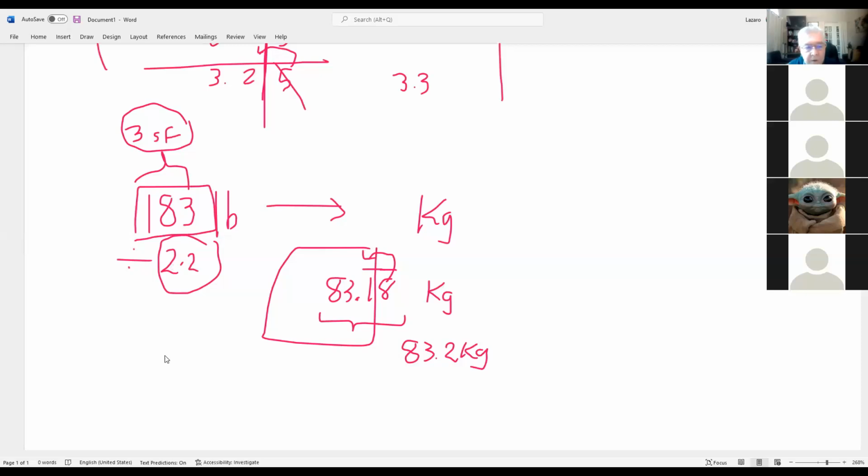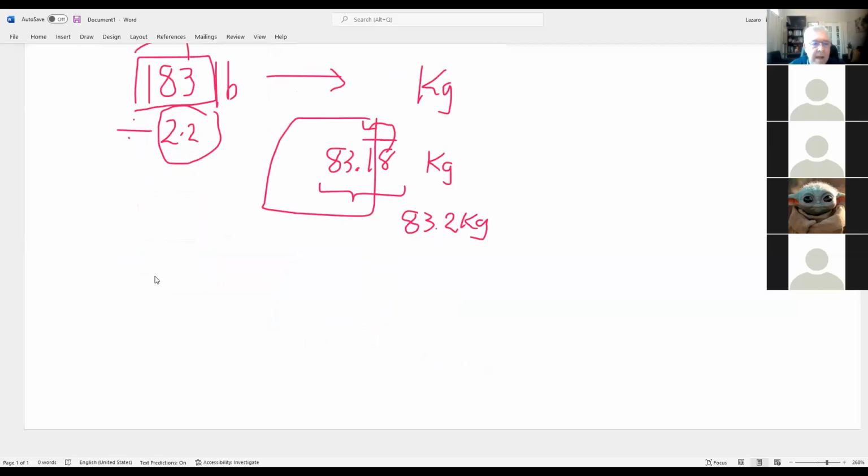Okay. For example, my height is 5 feet 8 inches. I cannot work with 2 units, so I will convert this into inches. It will be 68 for sure, yeah? 68 inches. In order to convert this into centimeters, you have to multiply by 2.54. That is the conversion factor.